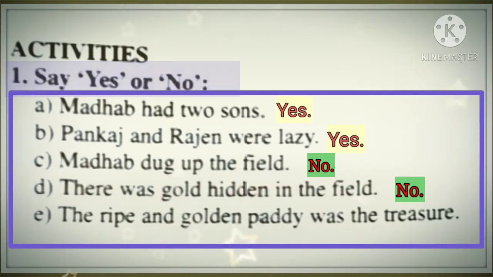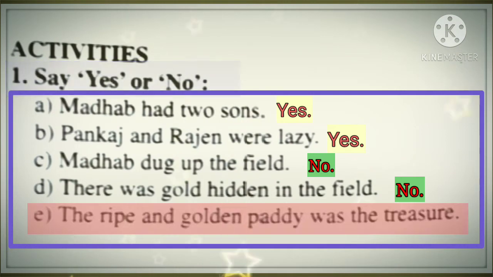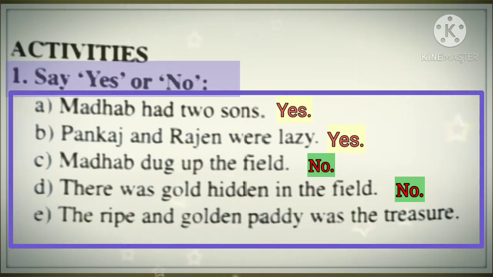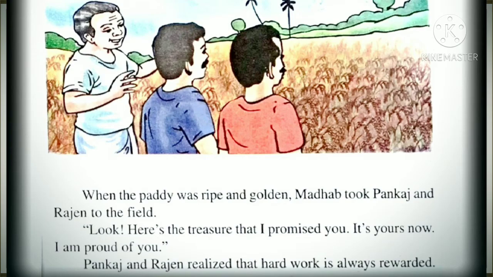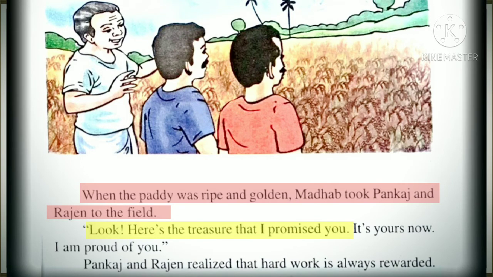Now, the last statement, the ripe and golden paddy was the treasure. Students, look here. In the last page of the story, it is given, when the paddy was ripe and golden, Madhav took Pankaj and Rajan to the field. Look, here's the treasure that I promised you.